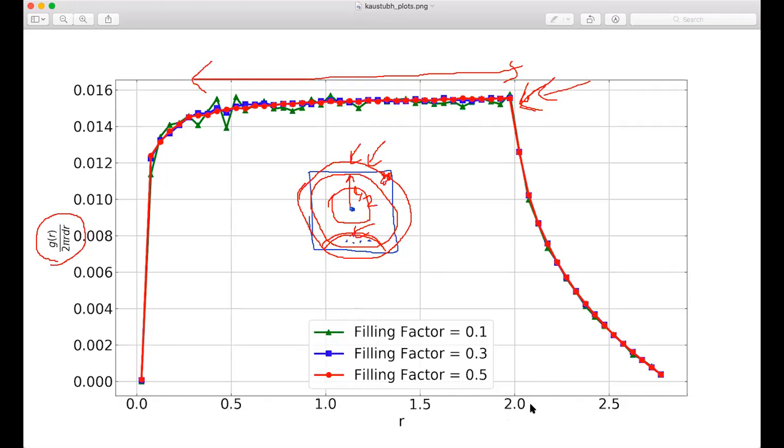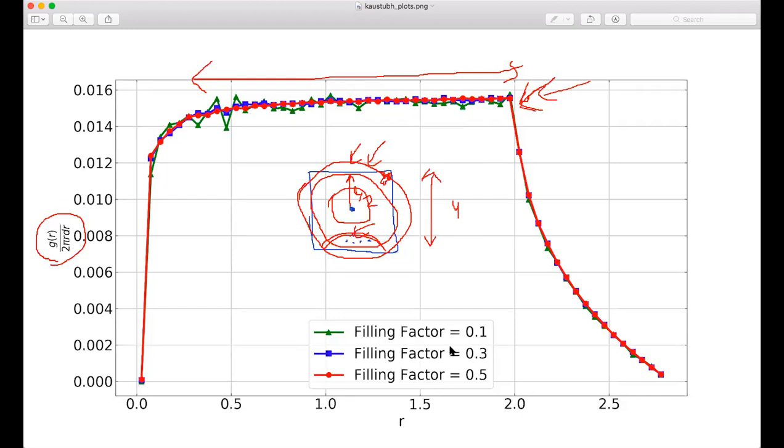What sets your length scale? In the code, L is equal to 4. Yes, so the length of the box is 4, and the r grid step size is around 0.05.